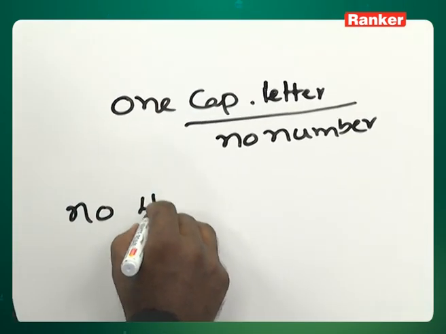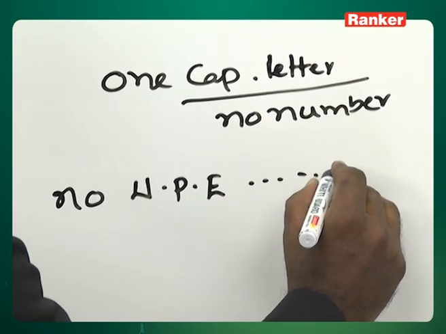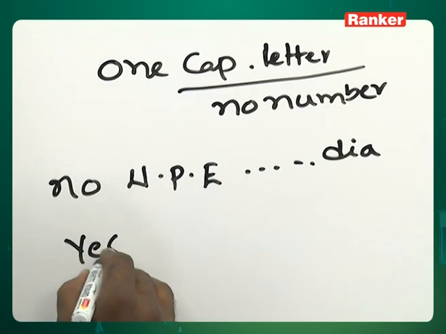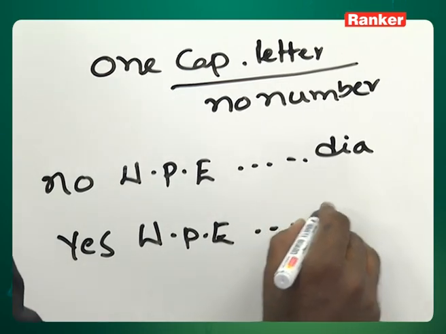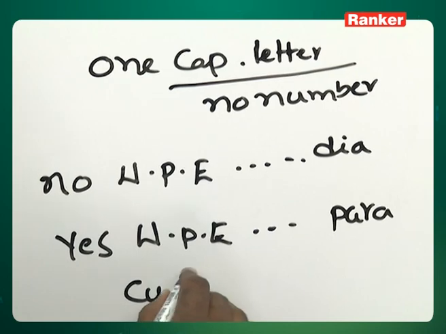No unpaired electron, it is dia. Yes, unpaired electron, it is para. And copper is an exception.